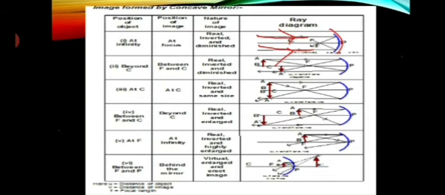So we obtain a real image, inverted and diminished in size, when the object is placed at infinity. Second, when the object is placed beyond C. Now C here stands for the center of curvature.